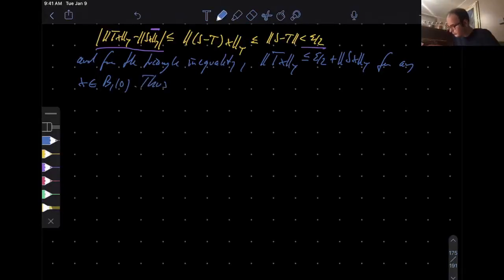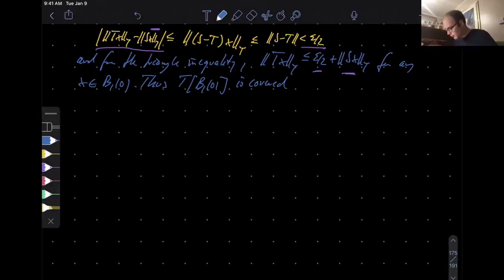Thus the image T of B10 is covered. Well, I know already that the Sx are covered by those finitely many balls of radius epsilon over 2, and now here's just another shift of epsilon over 2, so they will still be covered by exactly the same balls, but the radius has doubled, right?